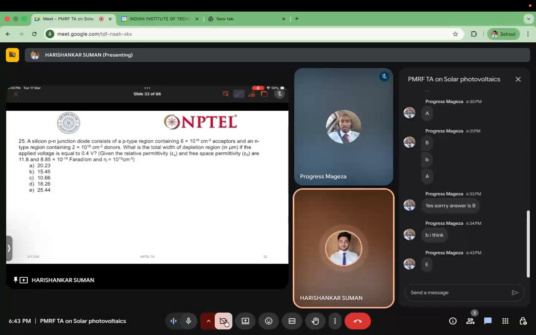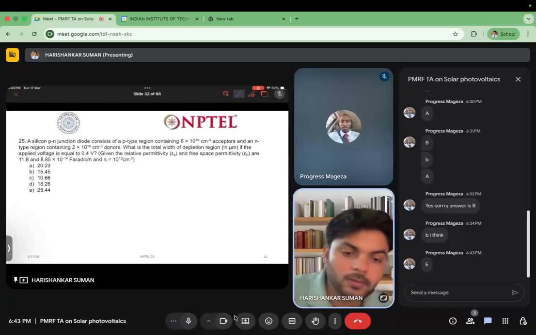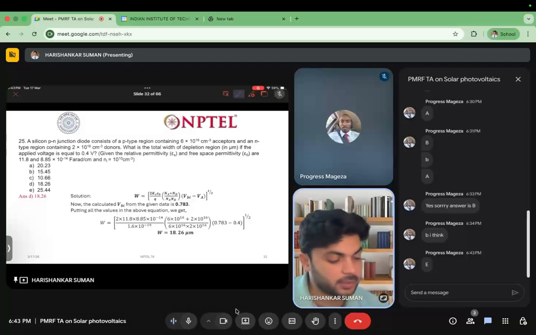These are the options. A silicon p-n junction diode consists of a p-type region containing 6 into 10 to the power 6 acceptors, and the n-type region also 20 into 10 to the power 6 donors. What will be the width of the depletion region if the applied voltage is 0.4 volt? So do you know the formula for the depletion width? Please see the solution.